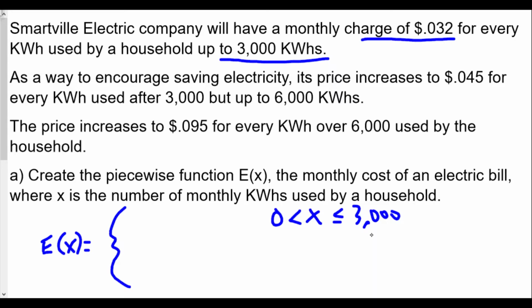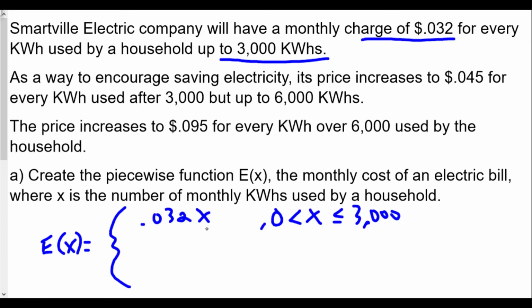And the cost is going to be taking 0.032 and just multiplying by x. That one seems pretty straightforward, not a big deal. Take the number of kilowatt hours and multiply by the cost per kilowatt hour, and that will be the monthly charge.